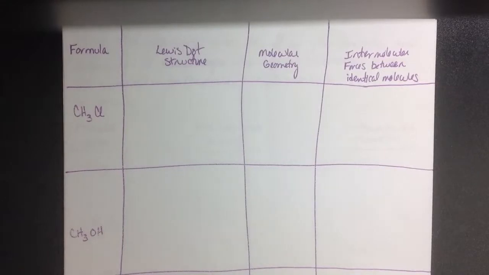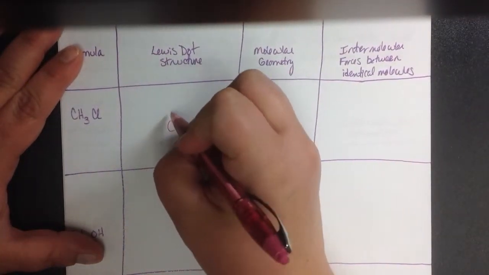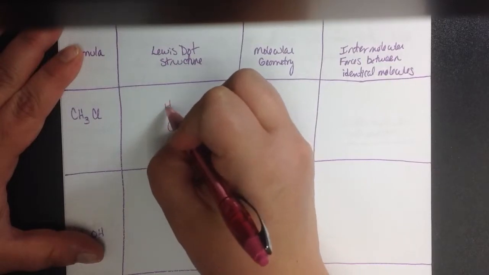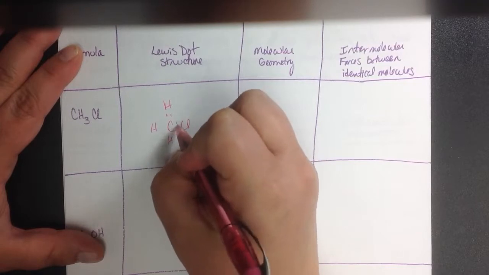Let's do Lewis dot structures, molecular geometry, and intermolecular forces. You may find that you need to do several steps in between that. That is perfectly okay. Again, I'm going to rush through this, sorry. We've got C, H, Cl.